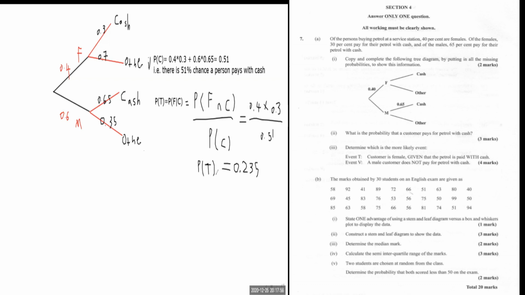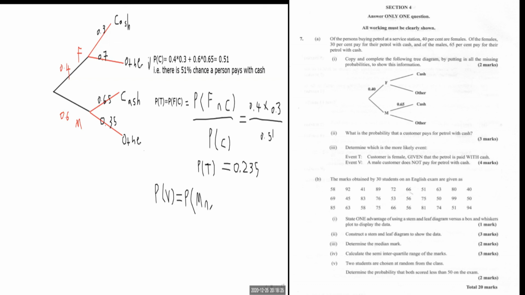So now let's find the probability of event V occurring, which is a male customer who does not pay for petrol with cash. So the probability of V is the probability of being a male customer and not paying with cash.